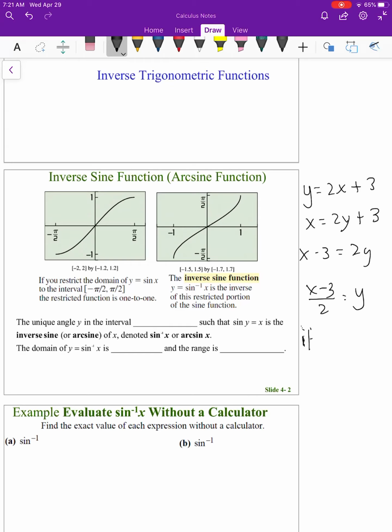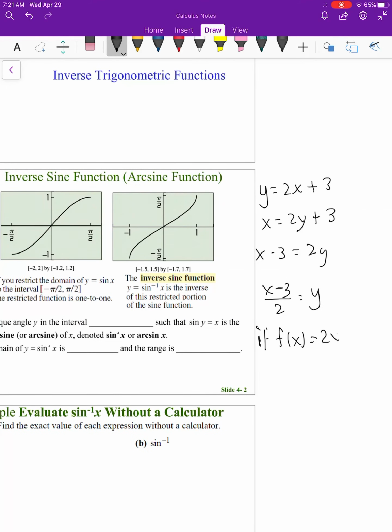And so if f of x equals 2x plus 3, then f inverse of x is x minus 3 over 2.